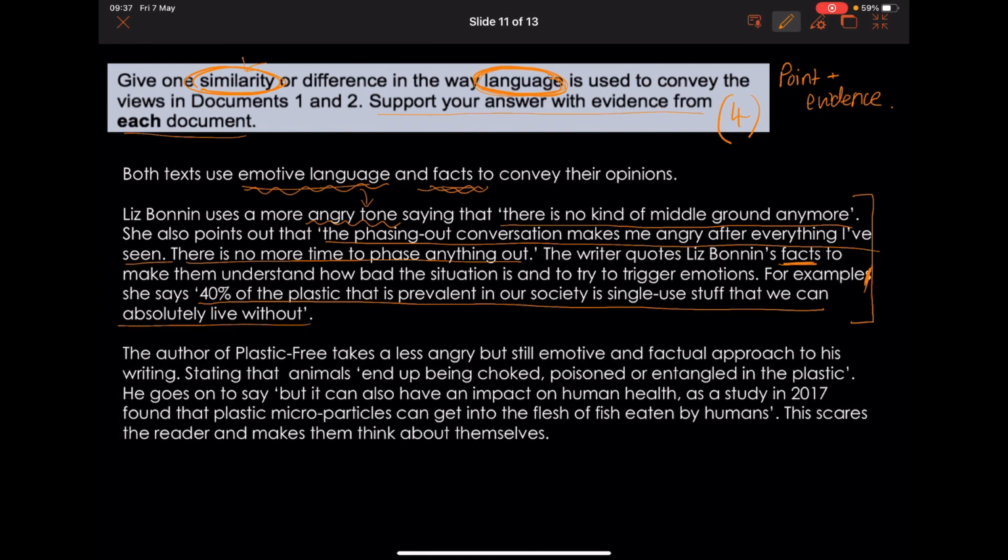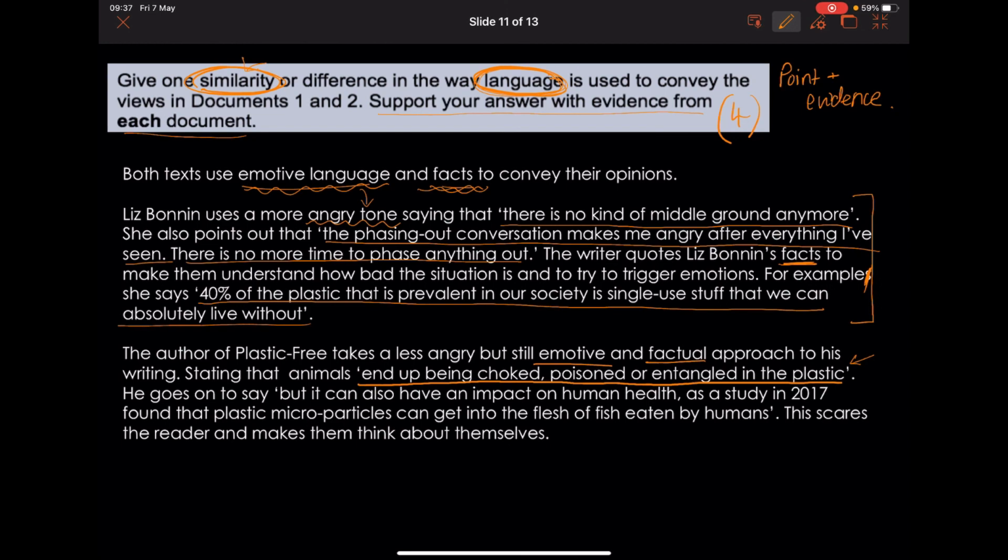Then finally, for Plastic Free, I put down the author of Plastic Free takes a less angry but still emotive and factual approach to his writing, stating that animals end up being choked, poisoned or entangled in the plastic. So that's an emotive quote. He's making you think, that sounds awful, doesn't it? They're being choked, poisoned and entangled.